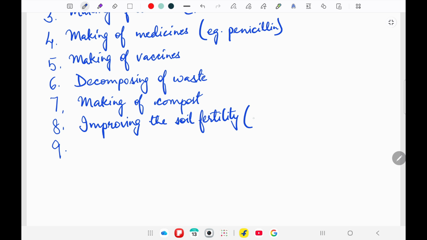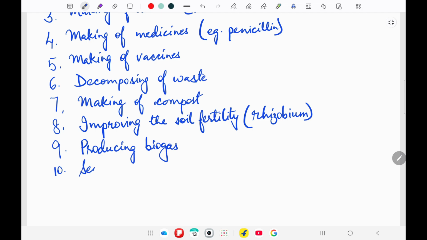Example is rhizobium. Next is producing of biogas. Last but not the least is sewage treatment.